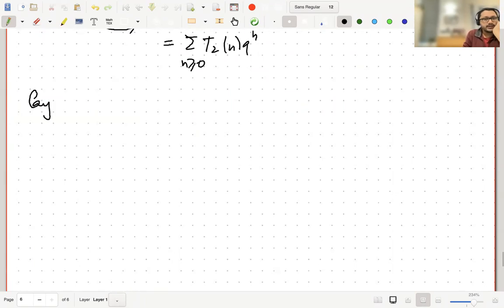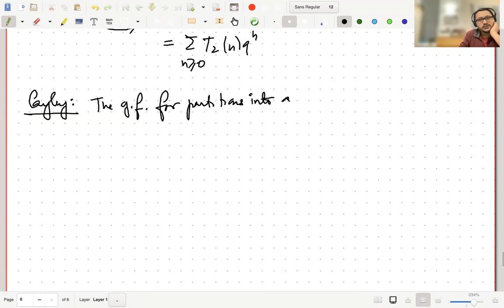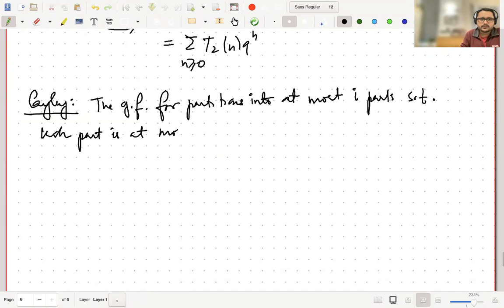And this is a result by Kelly, which is an important result. It says the following: the generating function for partitions into at most I parts such that each part is at most j is this quantity I plus j choose j q.